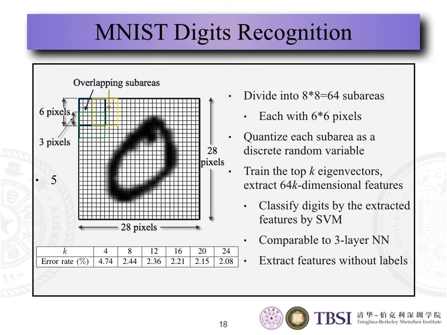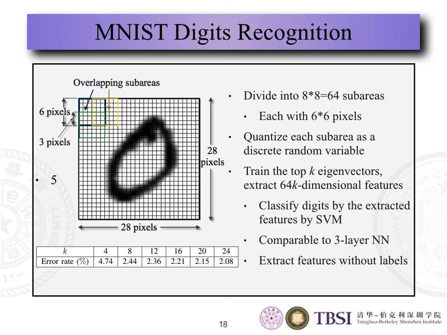Then we fix this feature as input to a support vector machine to train the linear classifier with the knowledge of the labels. Here we want to emphasize that the way we train the feature is without the knowledge of the labels. So the process of training the feature is an unsupervised learning process, and we only use the knowledge of the labels in the stage of training the linear classifier.